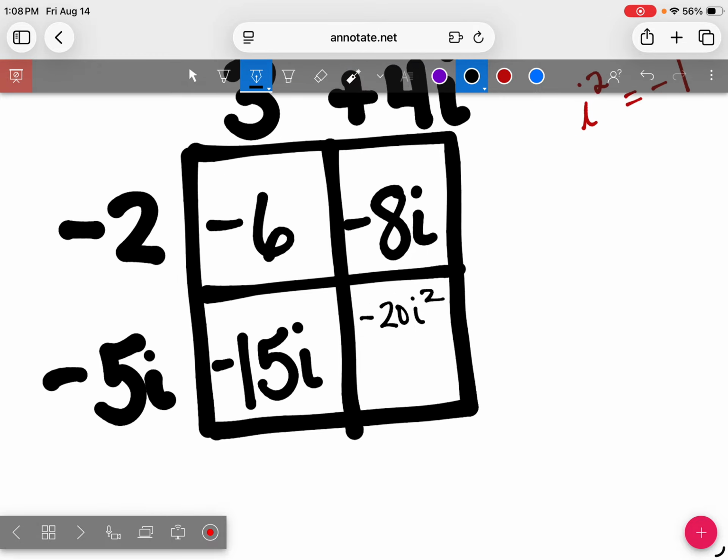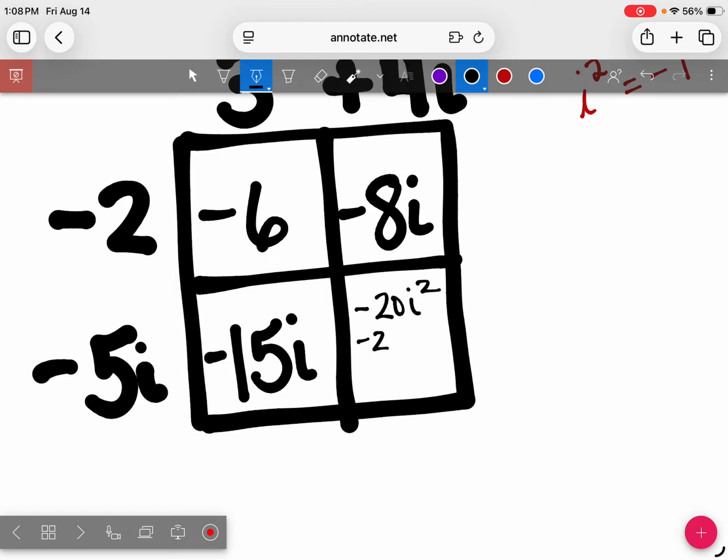So this is going to be negative 20 times negative 1. And when you multiply two negatives, it changes to a positive. So in that last little corner, I really have a positive 20. That's what I have.